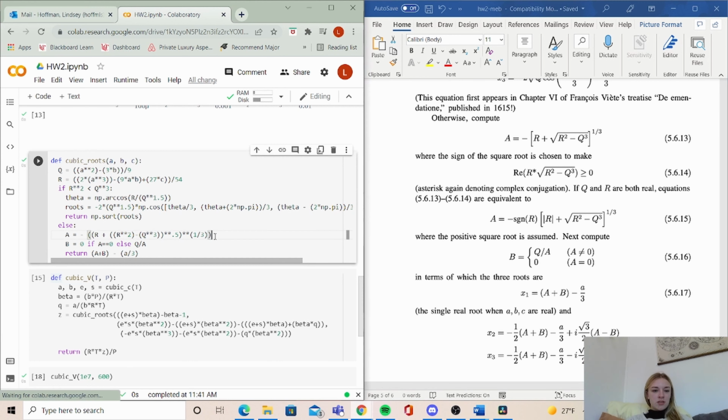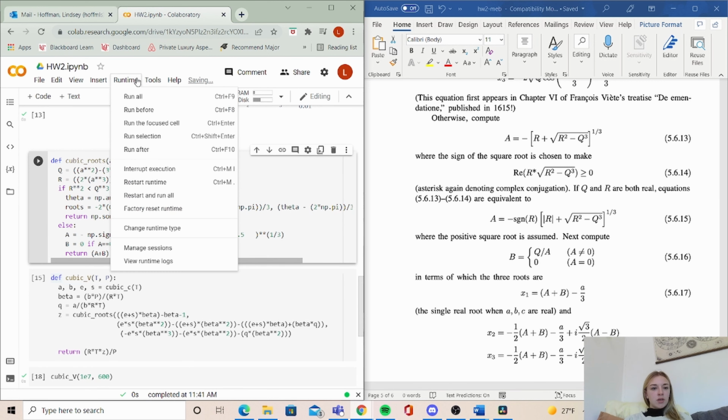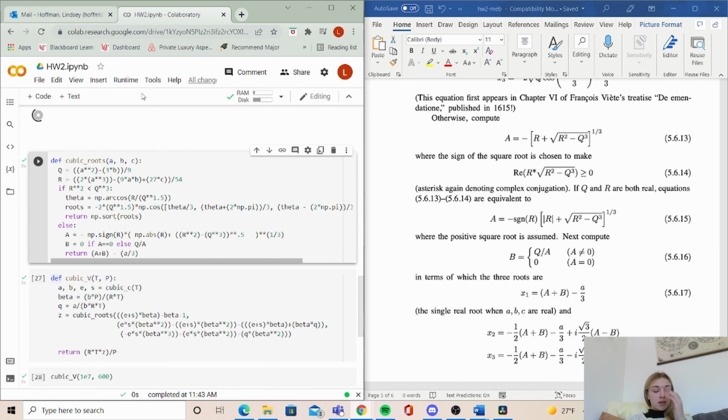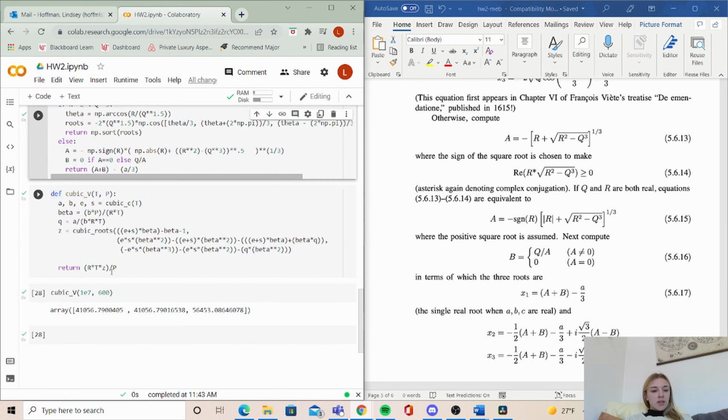So I'm going to change that. So I think I'm just going to go up here and do run all to make sure it gets everything. We come down here. Still the same values.